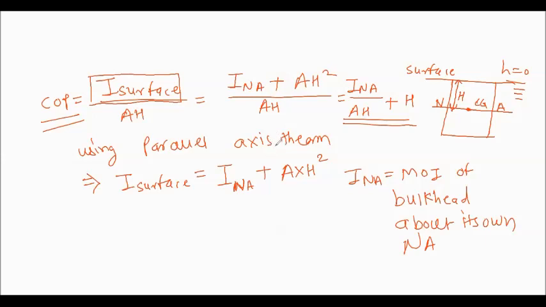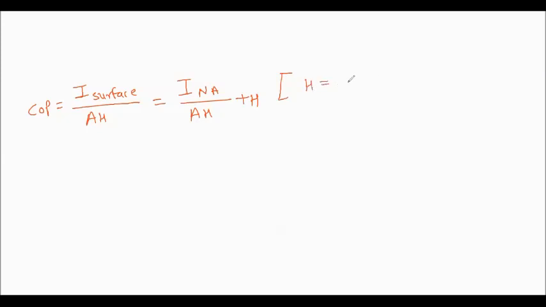I will give one more example to understand the same concept. Now the center of pressure formula will remain the same, that will be I surface divided by AH. Then you can write this I surface is equal to INA divided by AH plus H. Then the most important thing that you have to understand here, H, already we have discussed in the earlier classes, so I am repeating once again here.